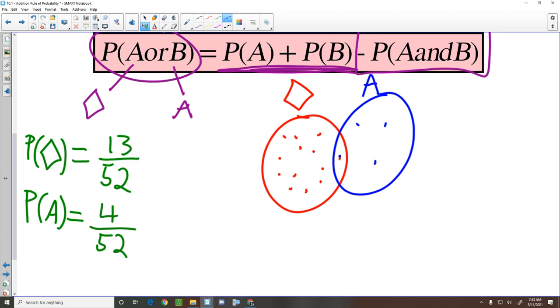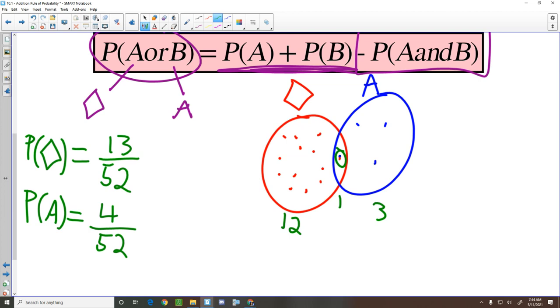And so my probability needs to add up all the dots in these two circles. If I add them up, over in just the red circle, there are technically only 12 of them, right? Because that one's in that double shaded zone. Over here, there are 3 of them, plus there's one more in the middle. And we don't want to count that dot in the middle twice. I don't want to count it for the diamonds and for the aces.